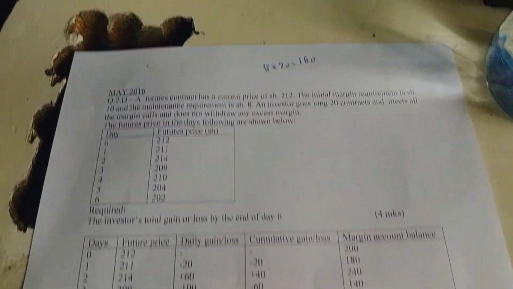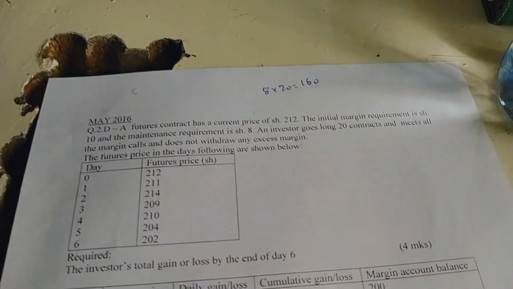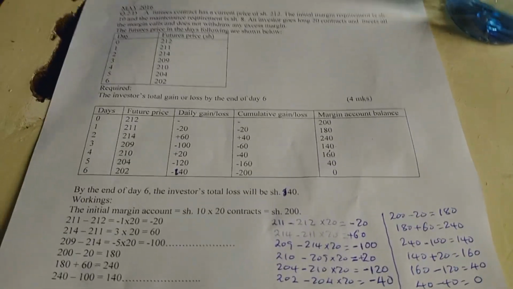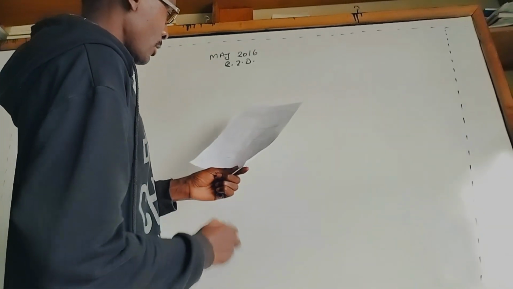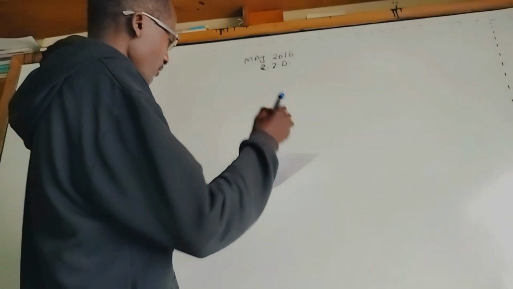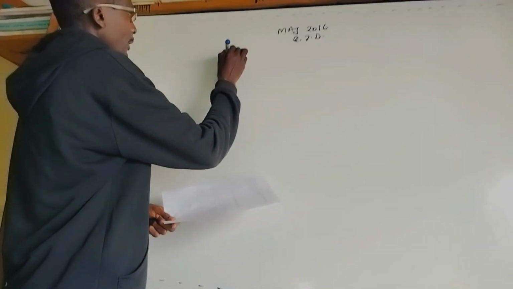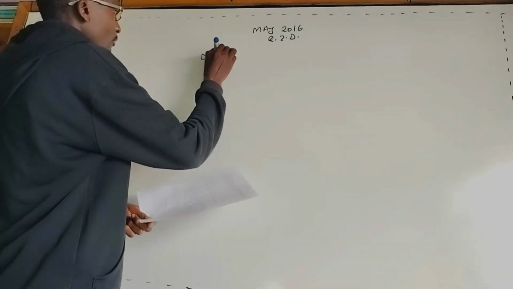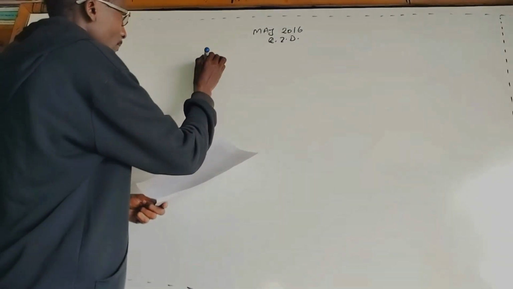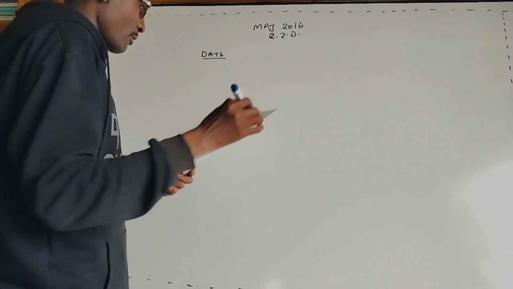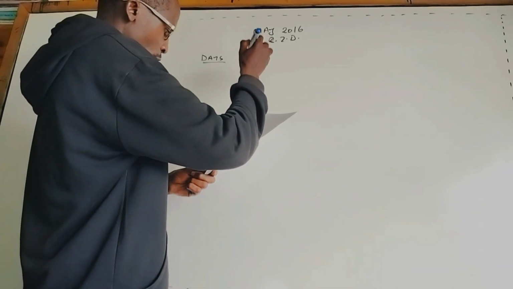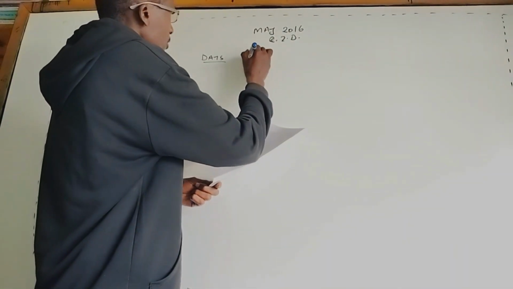Take the photo there, then I'll erase the entire information. Then I show you the solution here. Now I'll have the days there. Then I'll have the future price. No, let me have the beginning balance.